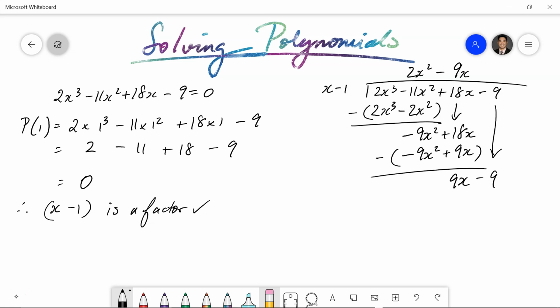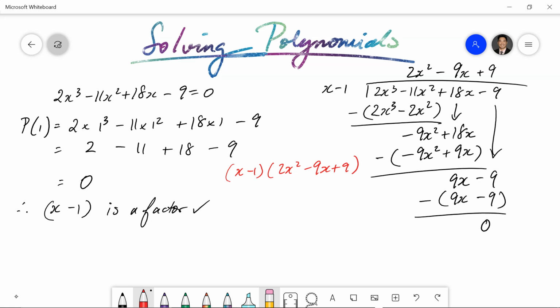Move our minus 9 down to the bottom, and the last part is going to be positive 9. So 9 times x, and then 9 times minus 1. That is going to leave us with nothing. So the good thing is we've now got x minus 1, and we've got 2x squared minus 9x plus 9.